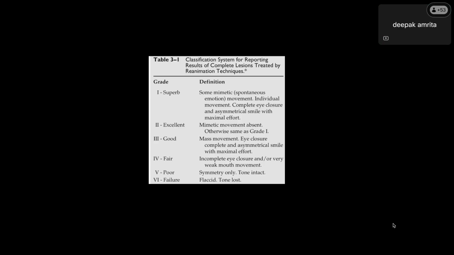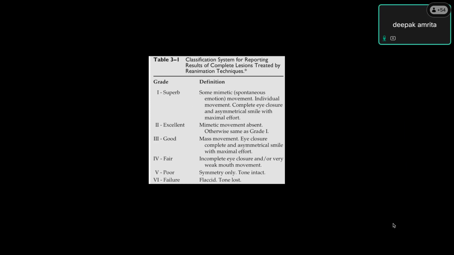So how do you classify your results? Grade 1 is superb results, where some mimetic motion is there. Patients can move individual sides of the face. There is complete eye closure. In grade 2, excellent results, mimetic movement is absent, but other things are seen as in grade 1.